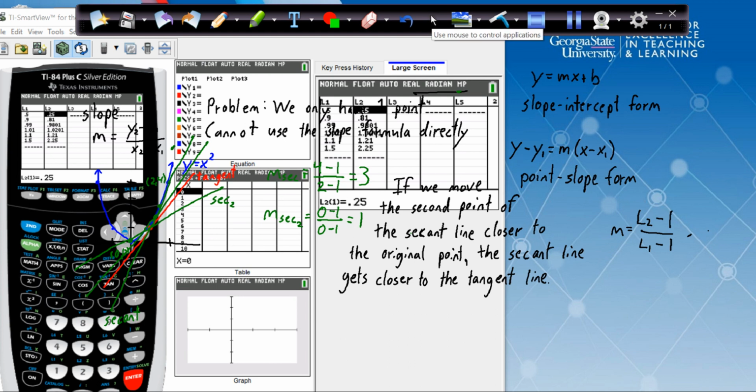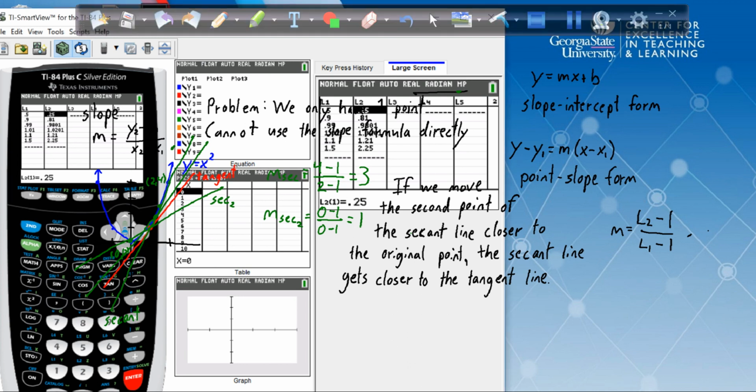Go back. Okay. Let's see. Move over to list 3. Go up to the top of it. Highlight list 3. Okay. I'm going to enter in this formula over here, but I have to use parentheses to make sure it reads correctly. So I'm going to do parentheses. How do you think I'll get L2? Second 2.